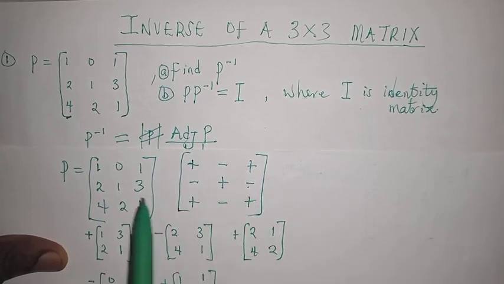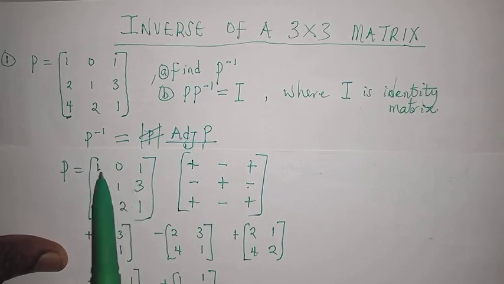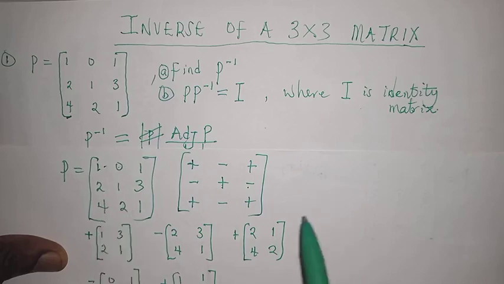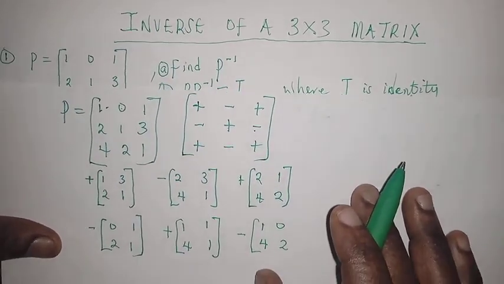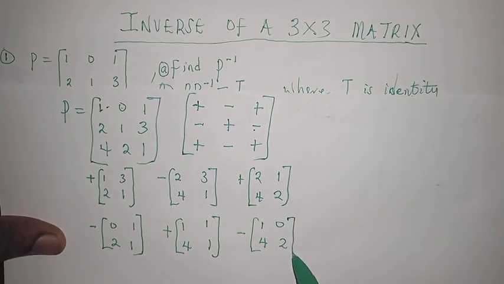Then for this, we're picking 1, 0, 4, 2.